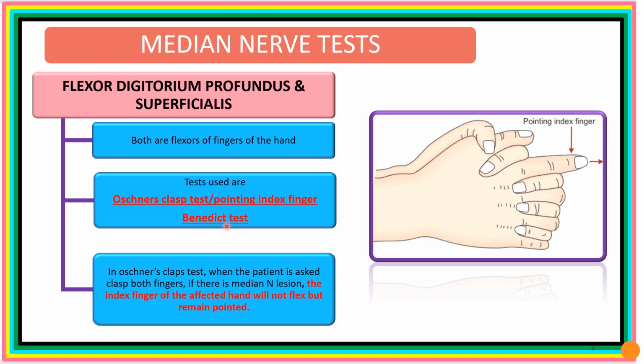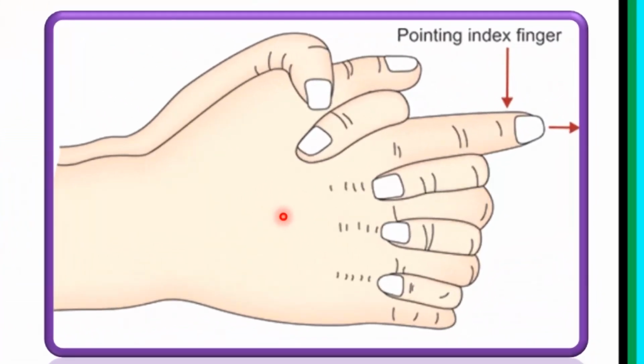In Ochsner's clasp test, which is also called the pointing index finger test, the patient is asked to clasp both hands the way we can see in our illustration here. If this patient has a median nerve lesion, the index finger of the affected hand will not flex, as we can see from this illustration.